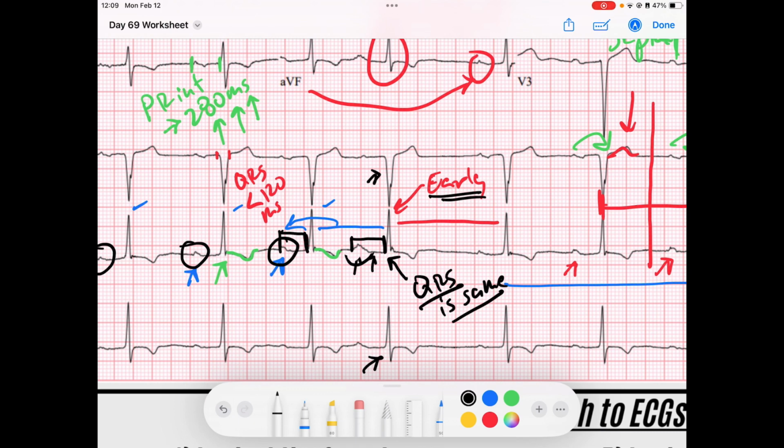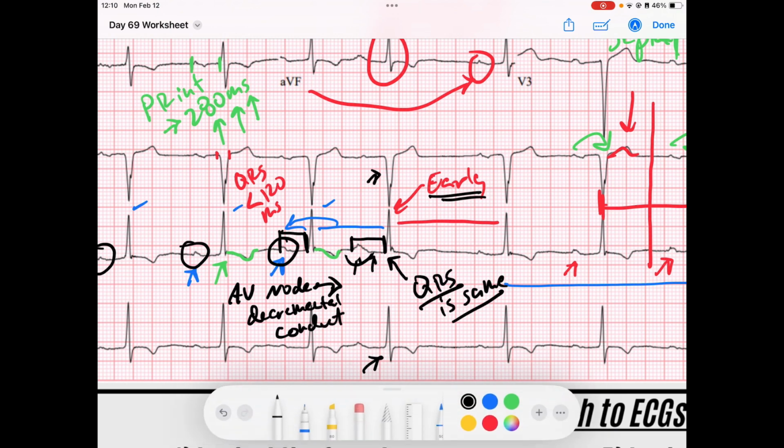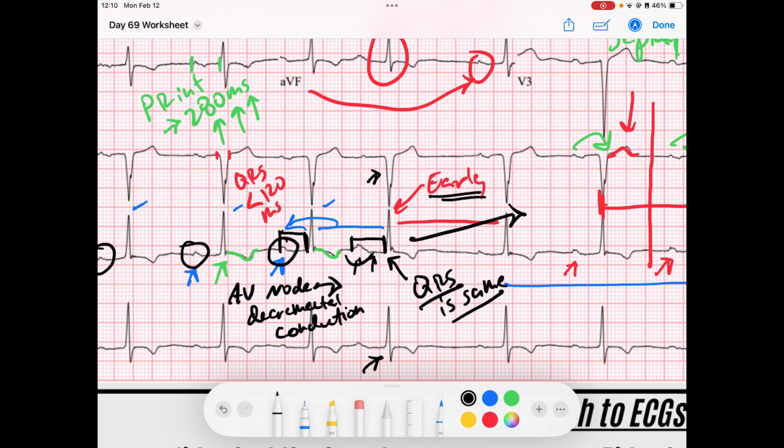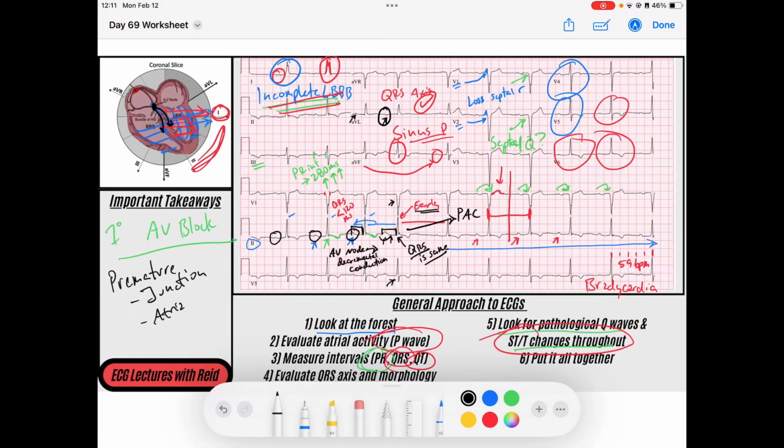And that's often seen in premature atrial contractions because the AV node exhibits behavior of something called decremental conduction, which just means that at faster rates, the AV node will actually conduct a little bit slower. And so you see that with premature atrial contractions. And so our diagnosis of this beat is a premature atrial contraction. It's conducted with a little bit of a longer PR interval than our normal, right?